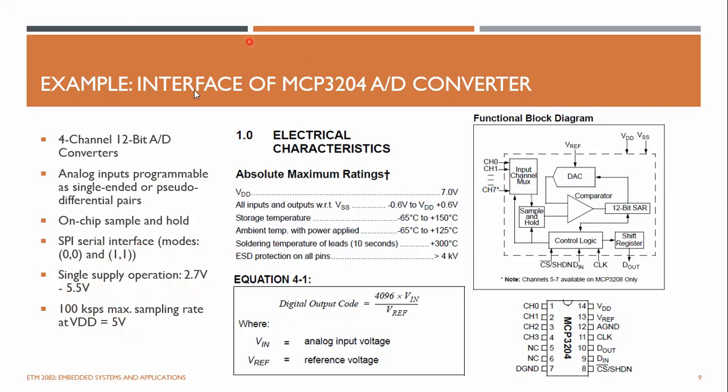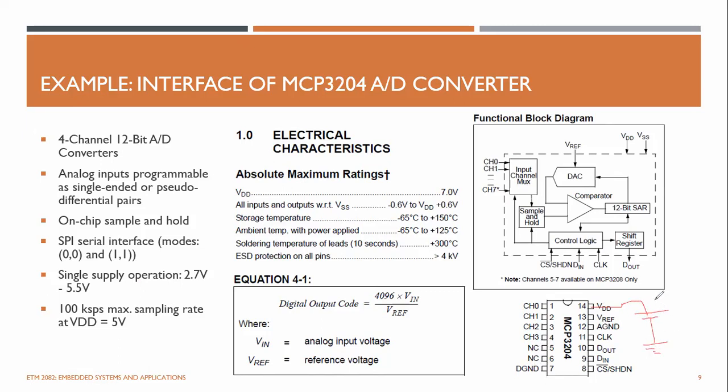Now these are the pin descriptions. You can see these are the 4 channels, and NC means you don't need to connect pins 5 and 6 to anywhere. Digital ground is for VDD, so you can connect the battery if you're having a battery power supply like a 5-volt supply.